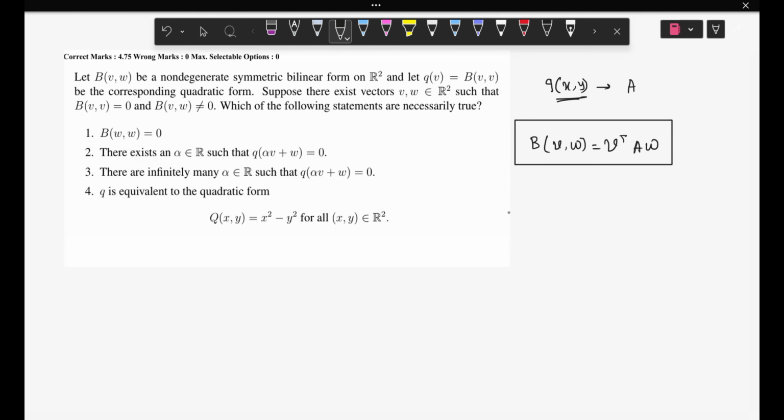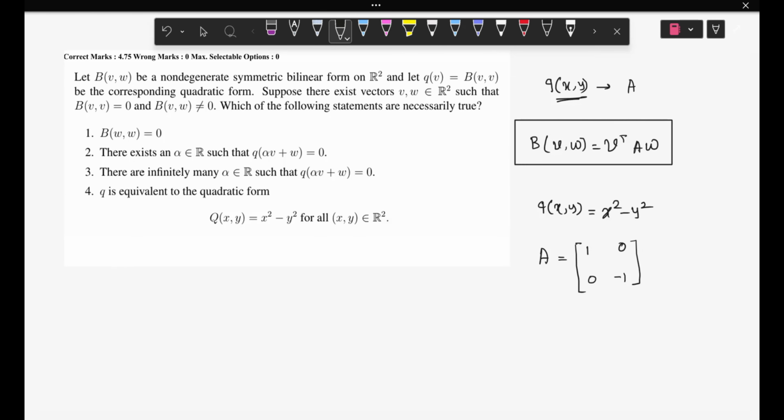I'm just taking Q of x, y equal to x square minus y square. Then, as this is a quadratic form, its associated matrix is 1, 0, 0, minus 1.